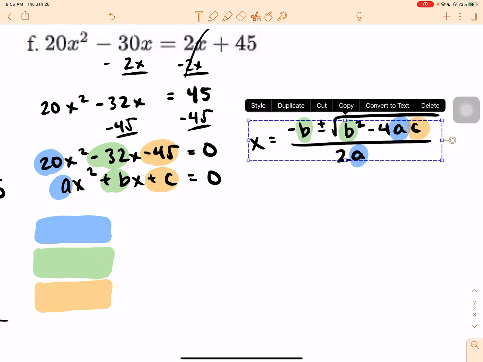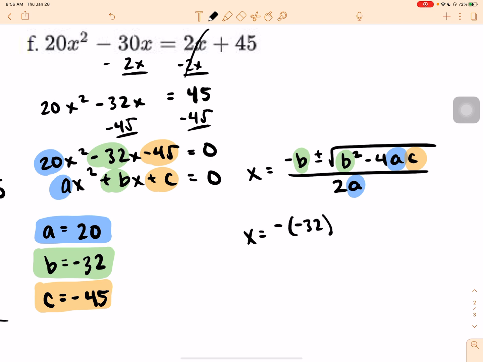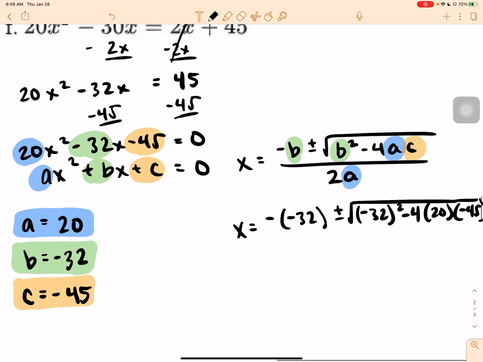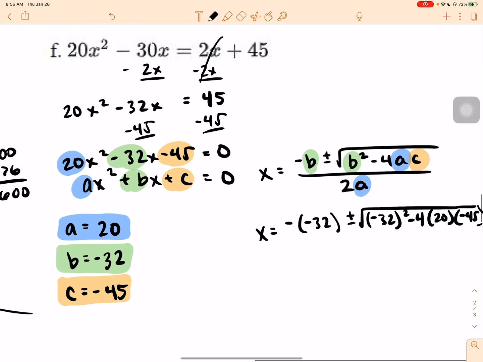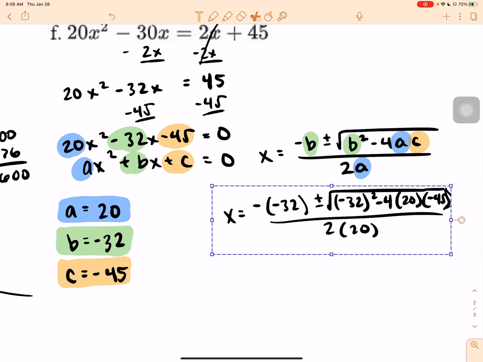So this is the formula I need to use. Okay, my A is 20, my B is negative 32, and my C is negative 45. Okay, so here I have x equals negative 32, negative 32 squared minus 4 times 20 times negative 45. Oops, I ran out of paper. All over 2 times 20. Okay, let me go and move this over here. There we go.